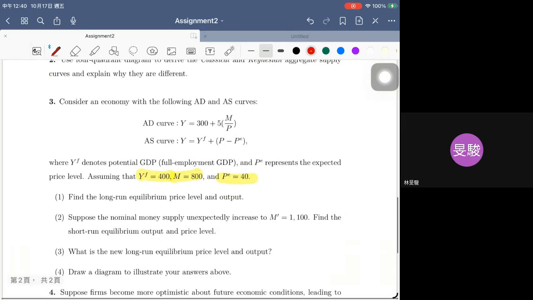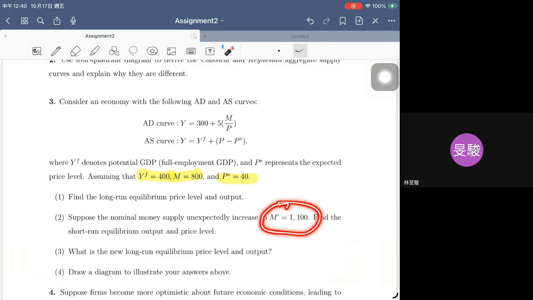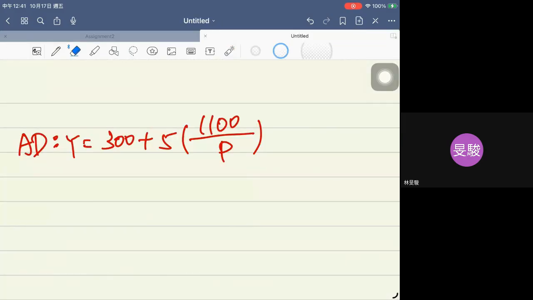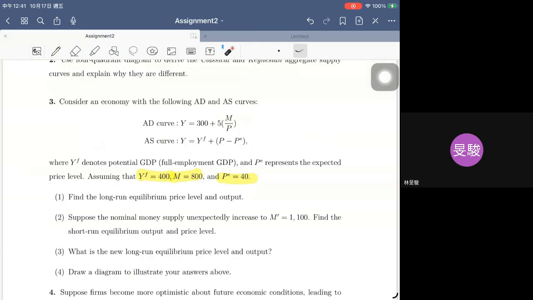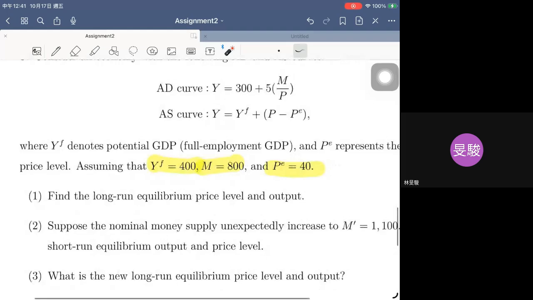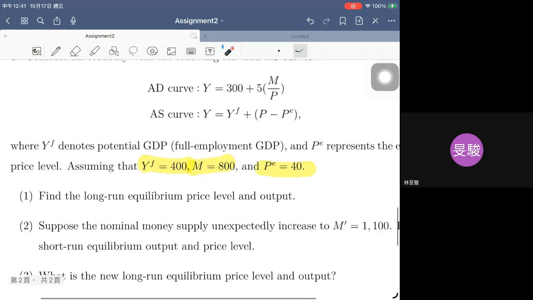Oh, sorry. The question 1 is to find the long run equilibrium price level and output.